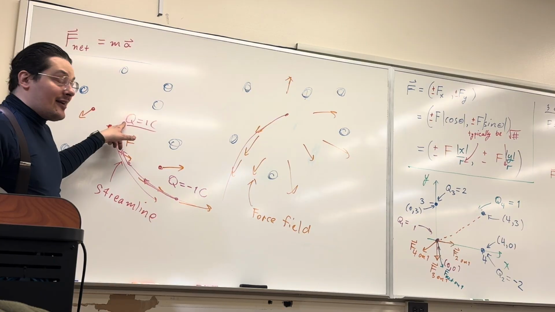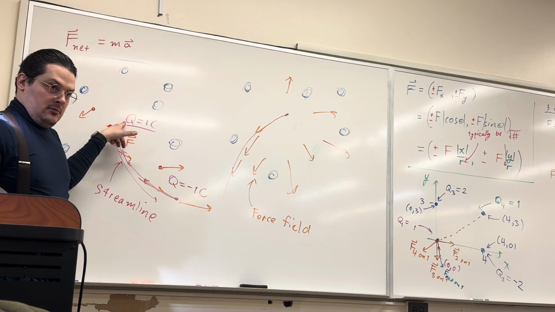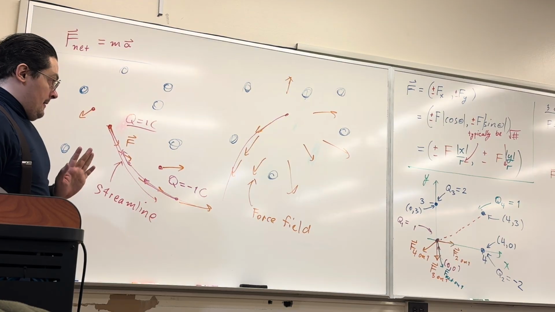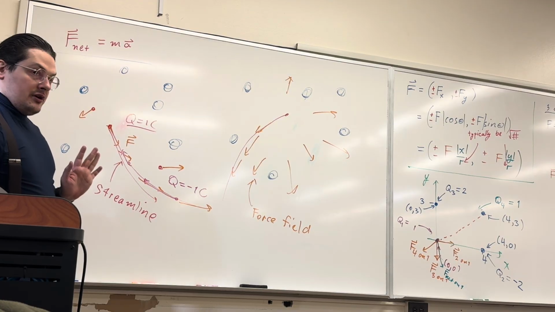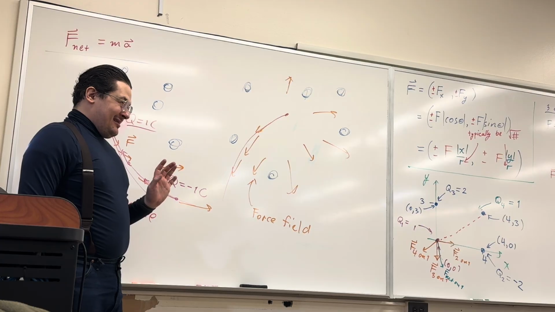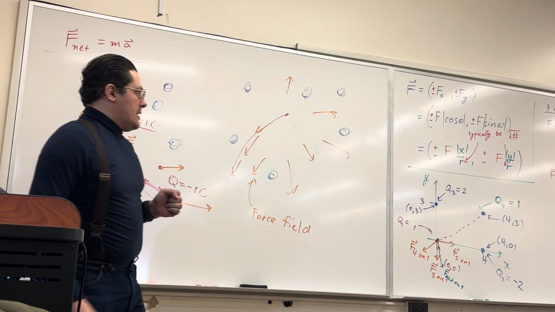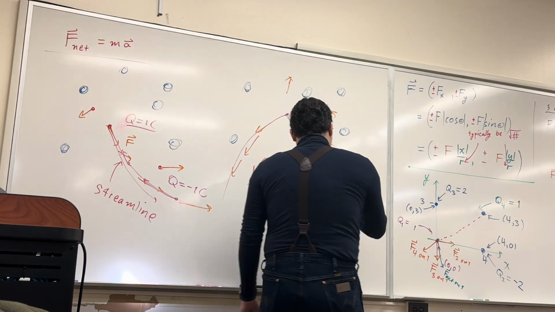Okay, what we want to do is talk about the net force on something, but where I don't care about the charge. So look at the magnitude of the Coulomb force.